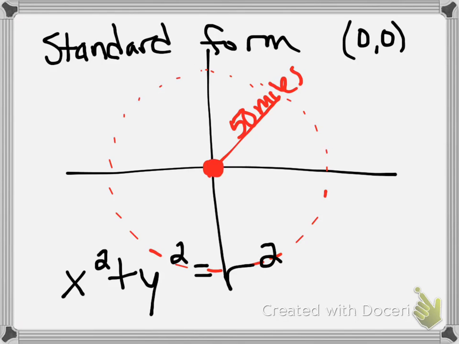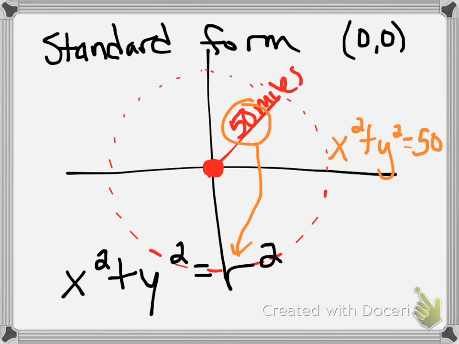So in my example from Wilmington, if the center of the eye of the hurricane is right there at 0, 0, it has a 50-mile radius, then all you have to do is simply plug in your radius right there for r. So your equation for the circle would be x squared plus y squared equals r squared, and in this case 50 squared. Granted, you can simplify that if you wanted to and say x squared plus y squared equals 2500. It'd be the same exact thing.